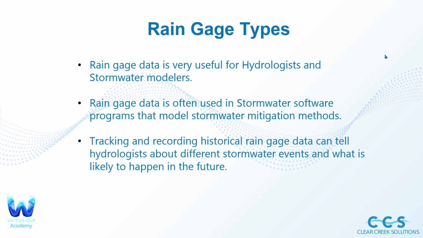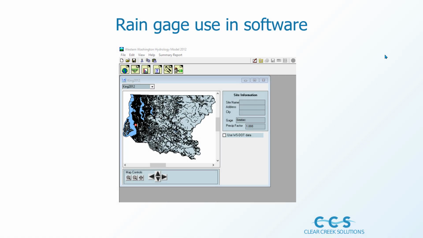Rain gauge data is often used in stormwater software such as WWHM 2012 and programs that model stormwater mitigation methods. Tracking and recording that historical rain gauge data can tell hydrologists about different stormwater events and what is likely to happen in the future. Based on historic rainfall events that rain gauges are used to gather, we can predict what's going to happen in the future with similar events and design our facilities accordingly.